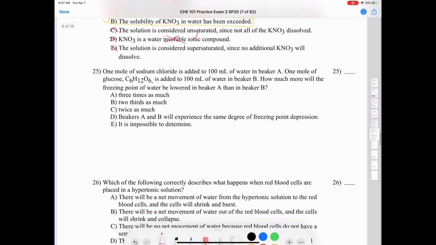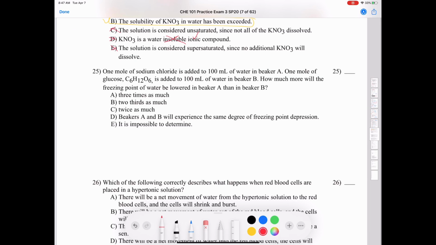Number 25 says that 1 mole of sodium chloride is added to 100 milliliters of water in beaker A, and 1 mole of glucose is added to 100 milliliters of water in beaker B. How much more will the freezing point of water be lowered in beaker A than in beaker B? This deals with freezing point depression, because we're adding particles to water, and that's going to depress the freezing point of the water.